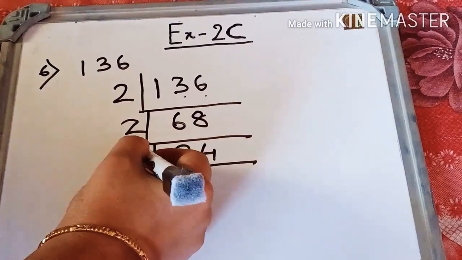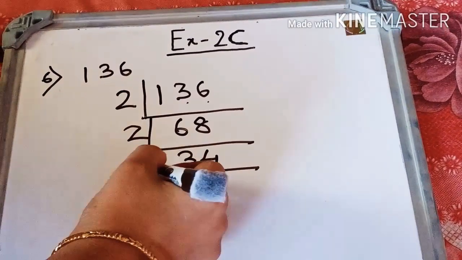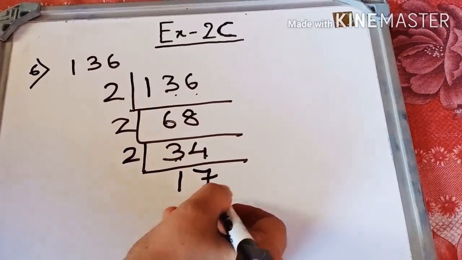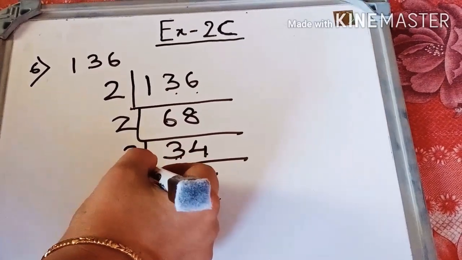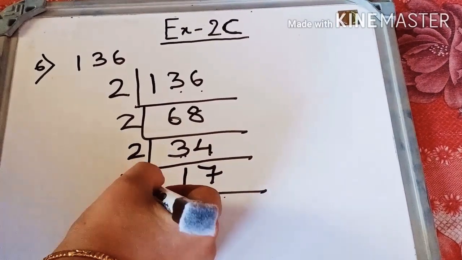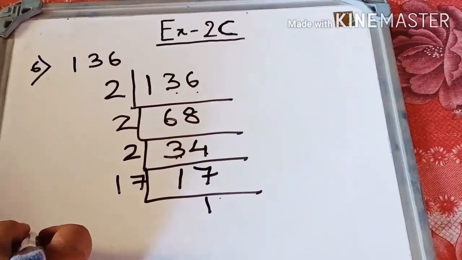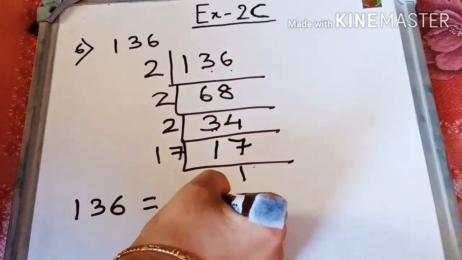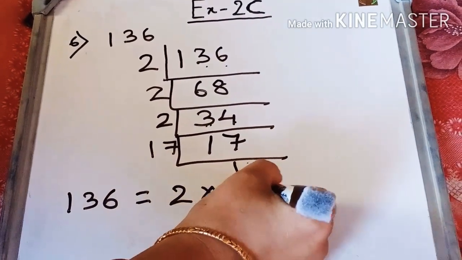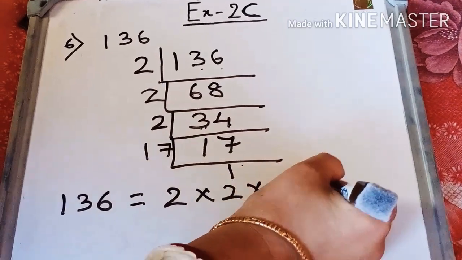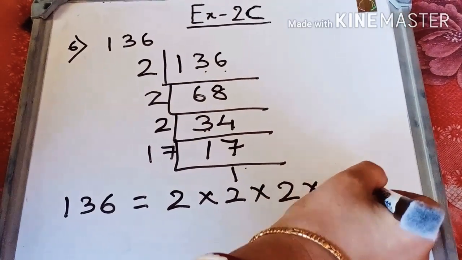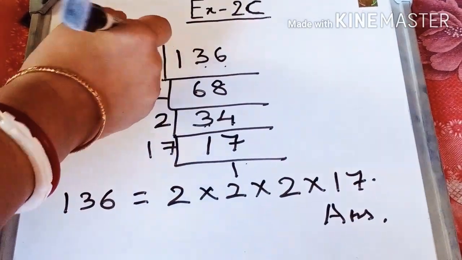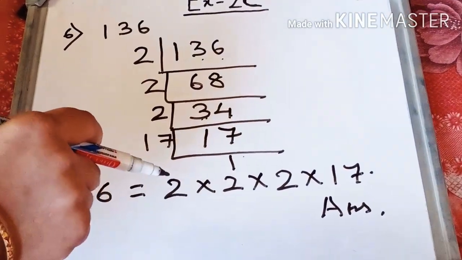Again it will be divisible by 2. 2 1s are 2, 2 7s are 14, and we know that 17 is a prime number, right? So 17 1s are 17. So 136 can be written as 2 into 2 into 2 into 17. This is our prime factorization of 136.